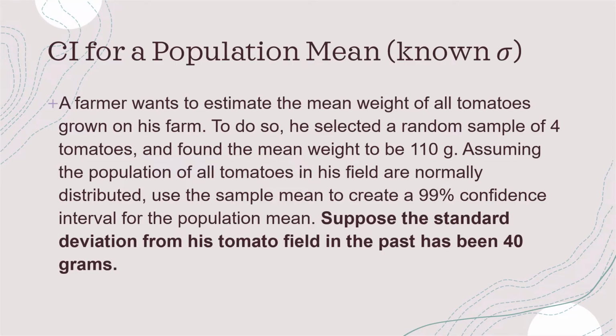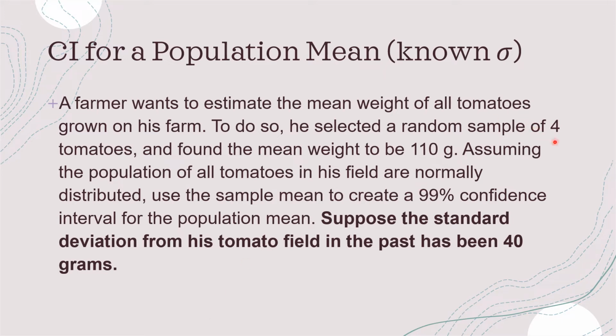Here's an example with a farmer in a field trying to find the average weight of tomatoes from his farm. Instead of trying to weigh all the tomatoes, he's just going to take a small sample, because weighing all the tomatoes could be very difficult.